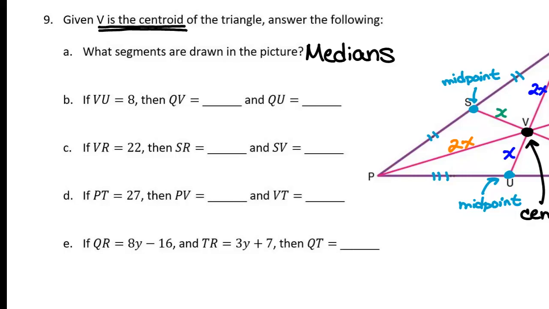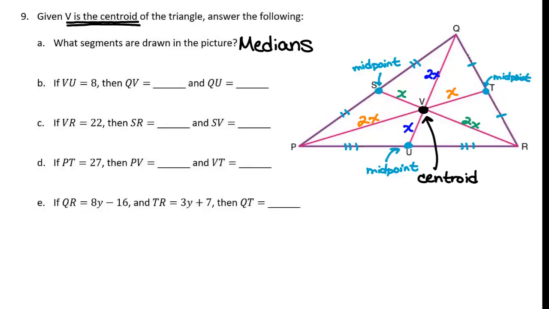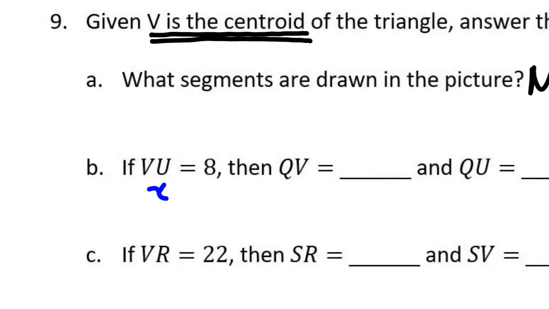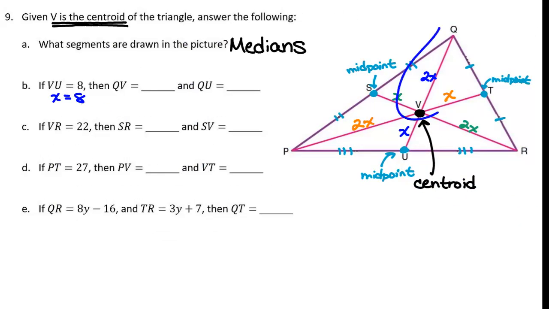If VU equals 8, VU would be this right here. We said that that was x, 2x, or 3x? X. So x is 8. Then QV would be how big? 2x.